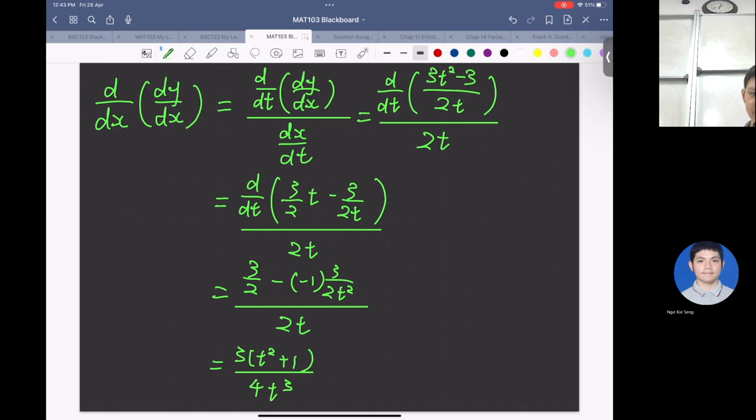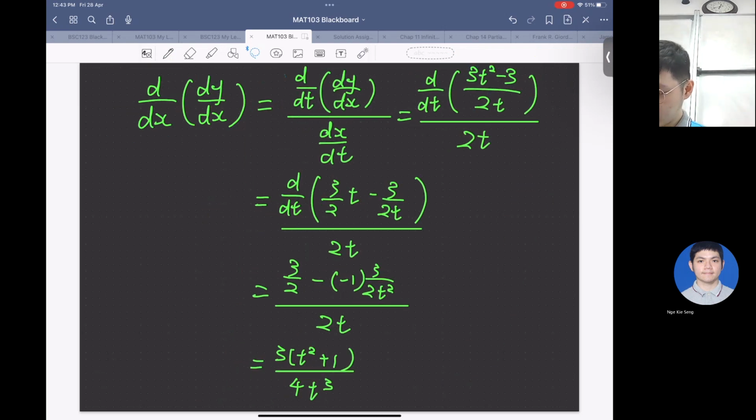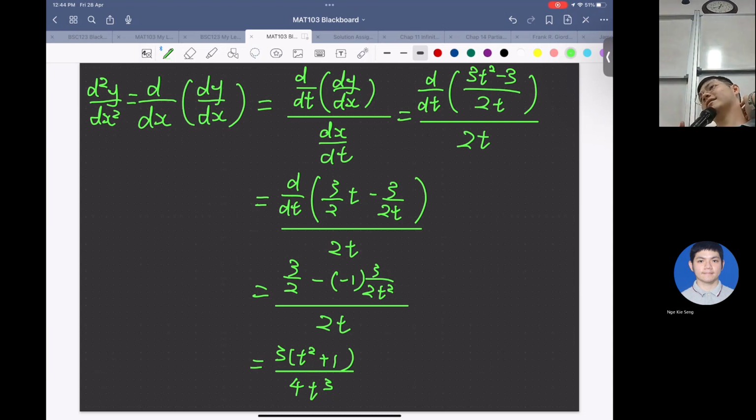Okay, so get this. When does this term, d squared y over dx squared, when does this term become greater than 0? T greater than 0. Why?